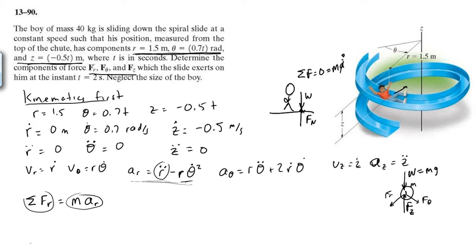So the mass of the boy is 40 kilograms times the acceleration, which is going to be R double dot minus R theta dot squared. And that has to equal the sum of all the forces in the R direction, which in this case is the force that the slide is exerting in the R direction.